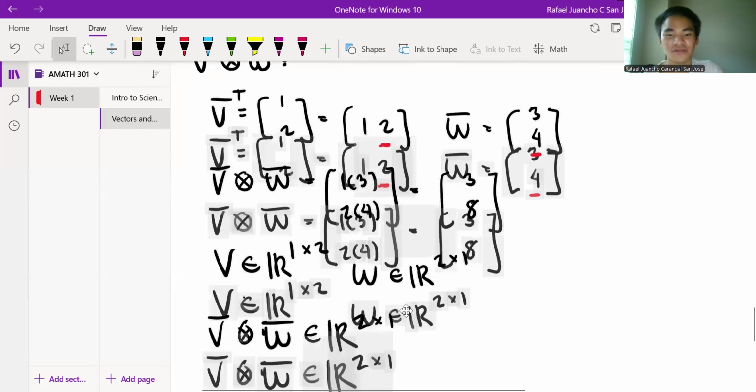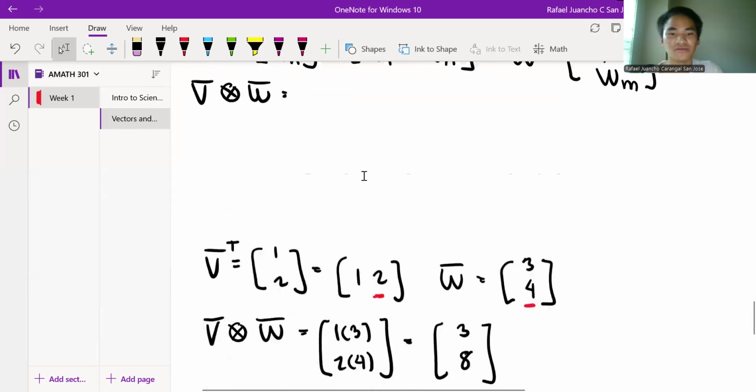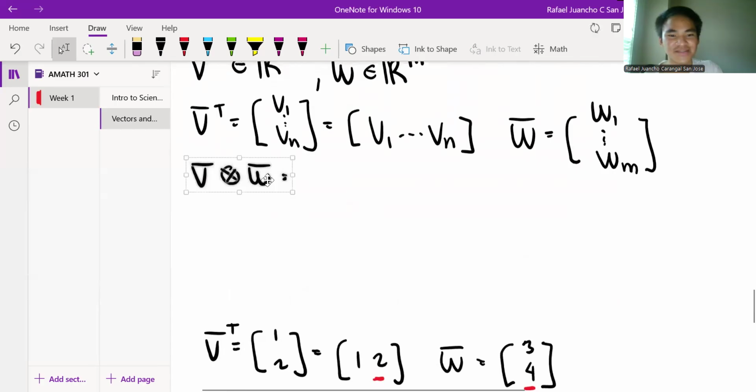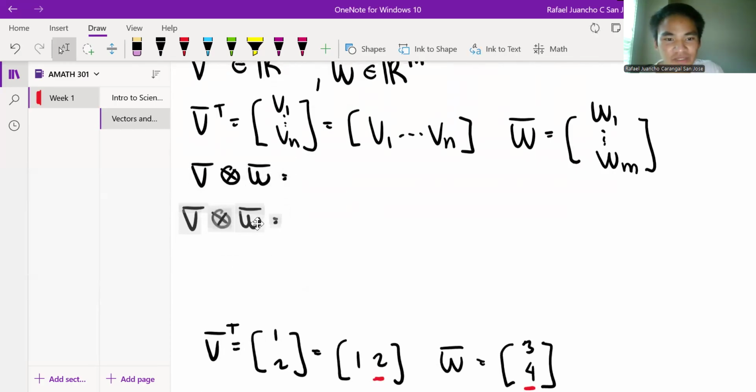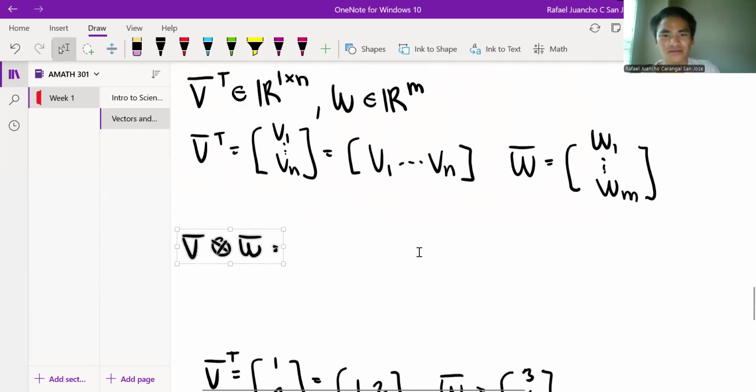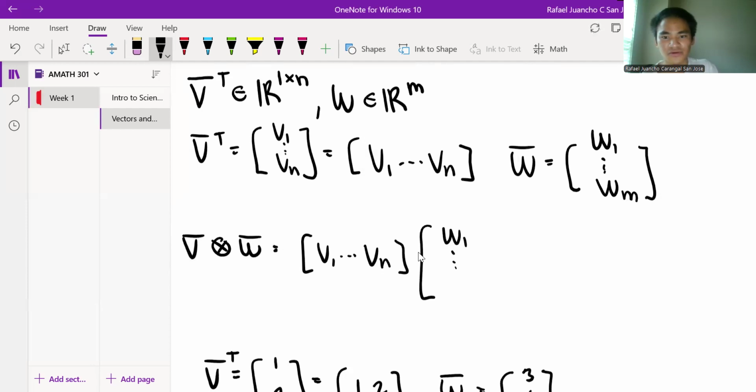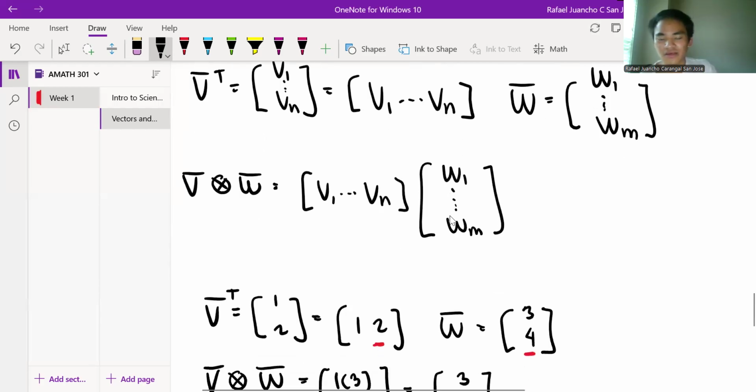I'm going to put a bit more down here. Okay, that's for reference. Now we want to get their cross product. So what's that going to look like? Well, it's going to be a vector like this, V1 all the way to Vn, W1 all the way to Wm. And here, we're just going to multiply this thing by this thing.